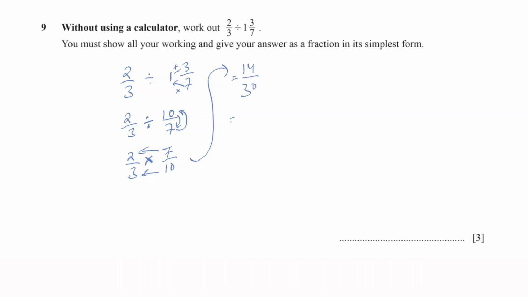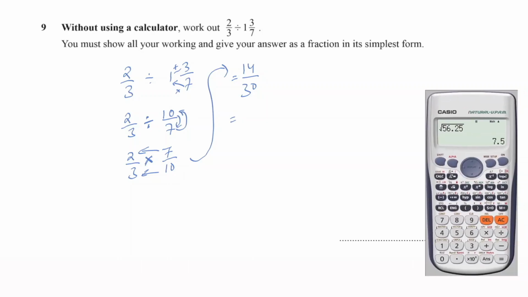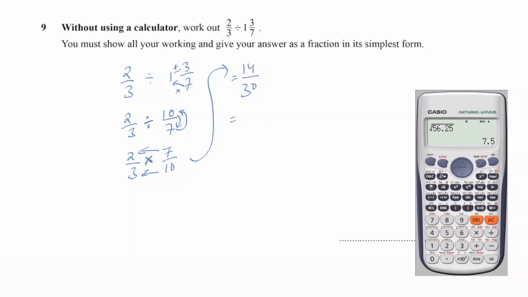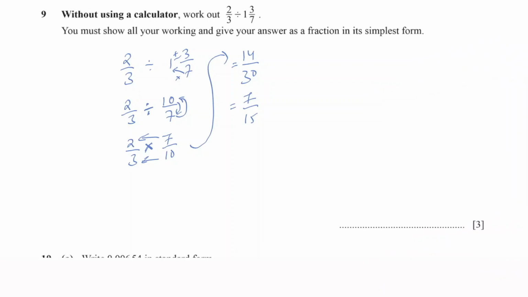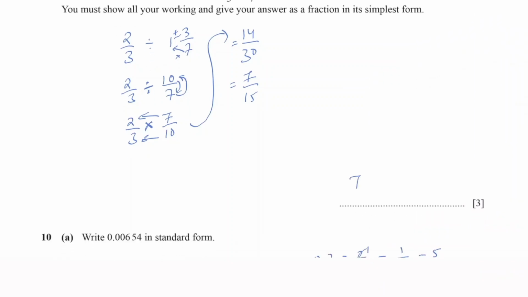To make it into a simpler form, we can divide 14 by 30. It will give you 7 by 15, the lowest form. So that is your final answer. You can write your final answer 7 by 15.